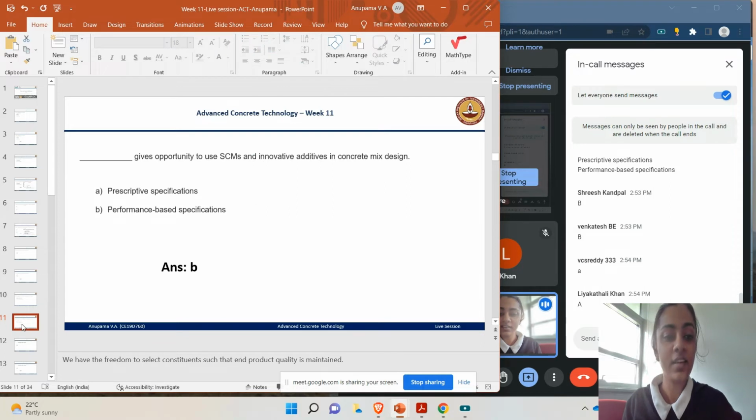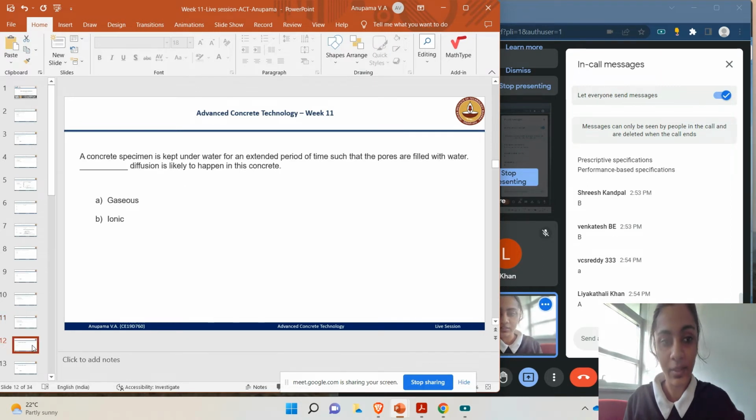So the correct answer is B. The end product quality is what matters, not the first stage addition of raw materials. That is why performance based specifications giving the opportunity to use SCMs and innovative additives in concrete mix design is the correct statement.